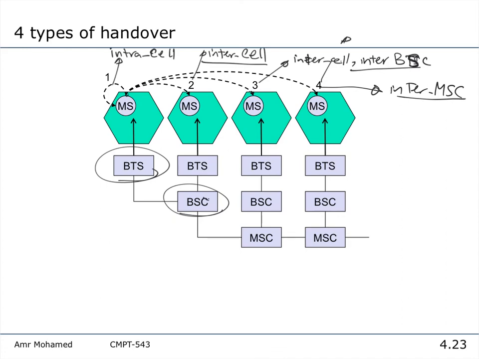And MSCs, you can consider them connected using like a mesh network or something. They are connected directly. There is no level higher than MSC. So you connect through a different MSC. Okay? So there are 4 types of handovers.